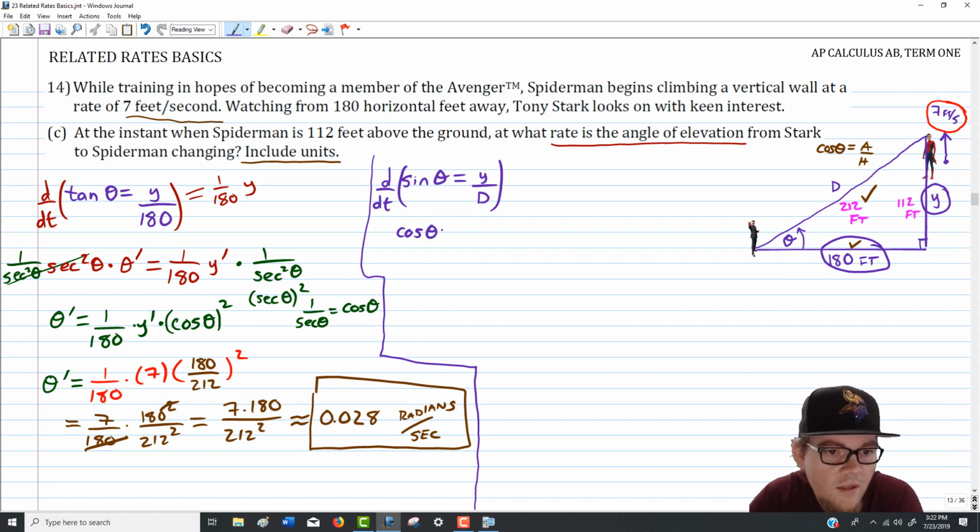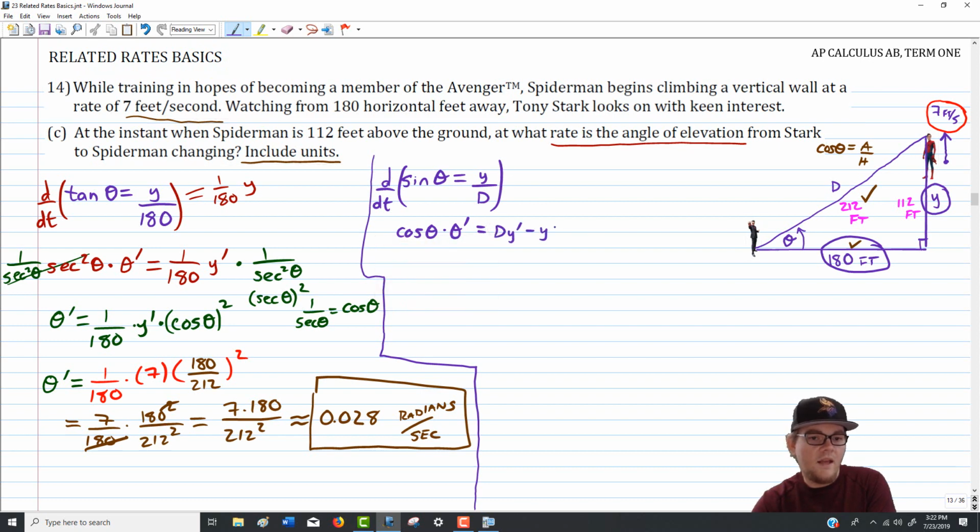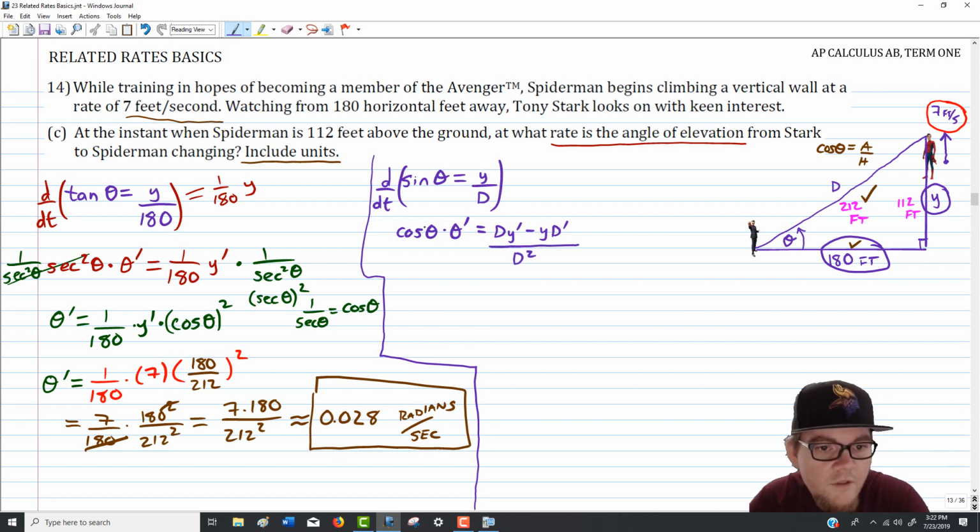We're going to get cosine of theta times theta prime on the left. On the right, we have two functions being divided, which sounds like quotient rule to me. In fact, low d high minus high d low, all over low squared, the quotient rule. So there's our stuff. We want to eventually again solve for theta prime.